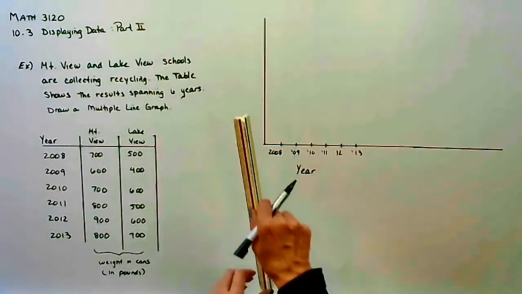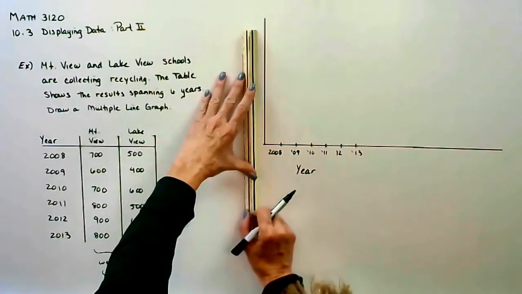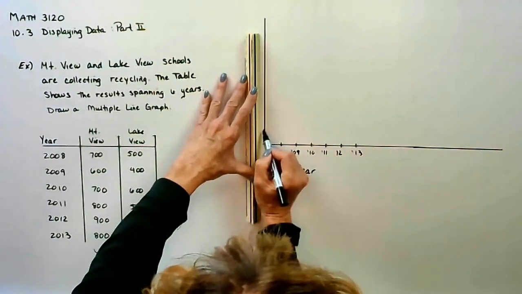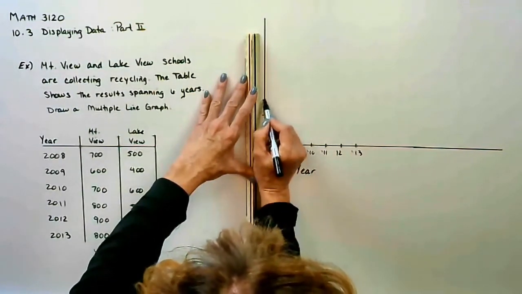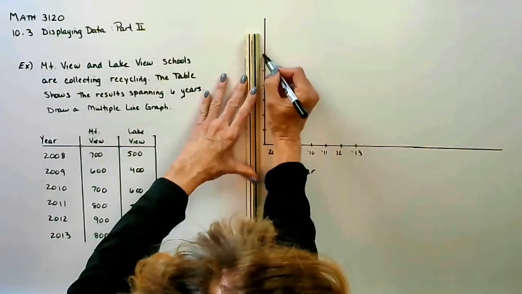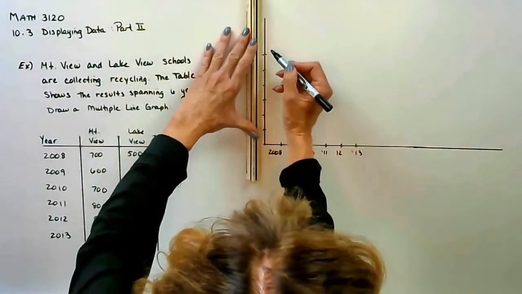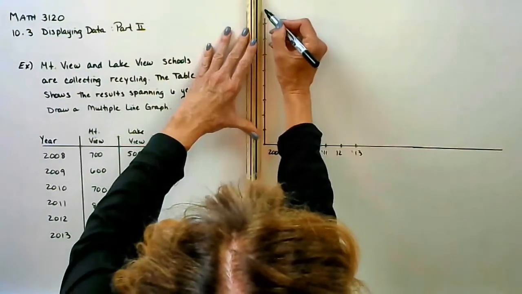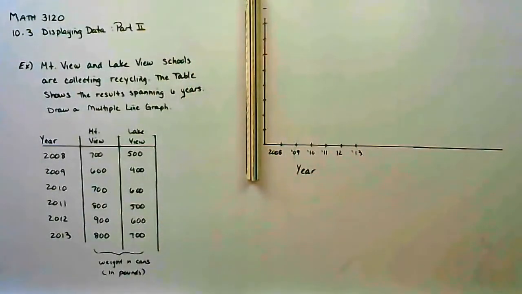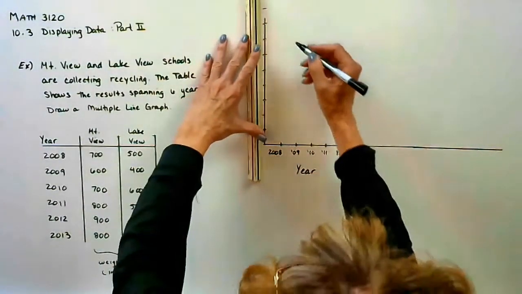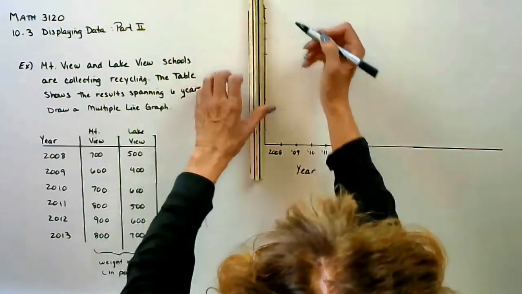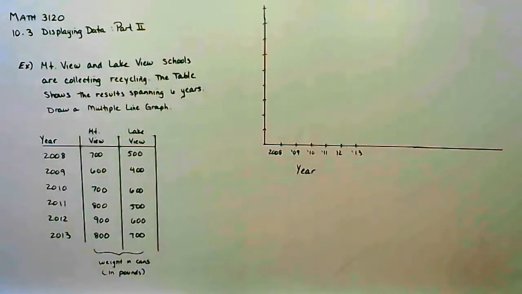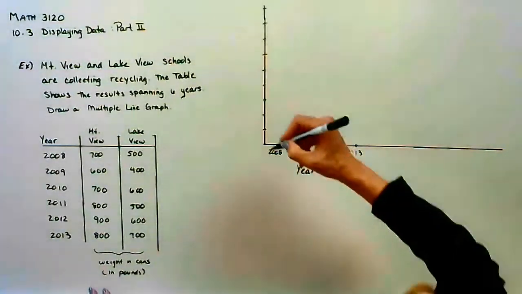And then notice our range. Our lowest number in here is 400. It looks like our largest number is 900. So I think I'm going to count by 100 pound intervals. So I'll call this 100, 200, 300, 400, 500, 600, 700, 800, 900.